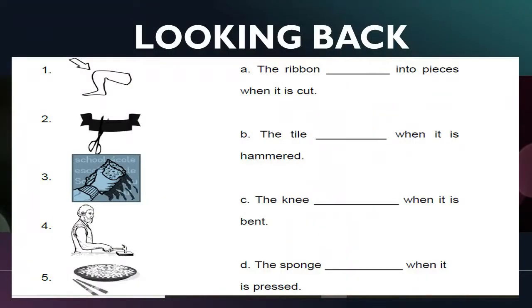Today, we will match the pictures of solid materials in column A with its physical change of appearance in column B. Then, you will supply the blank word with a change in material. Take note, number 5 is bonus because we do not have choice for number 5.